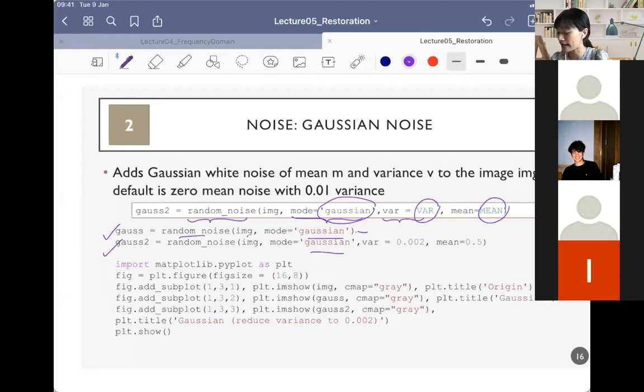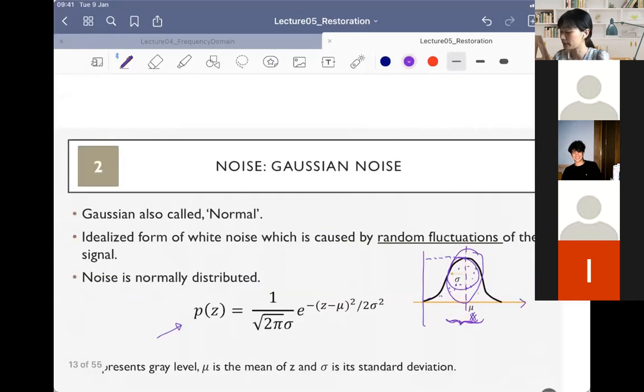For the first one, I have not configured anything, but for the second one, I have added the variance and the mean value. The mean value is just here, right? And the variance is how wide your distribution is. It means there is more probability of having other colors than the mean value.